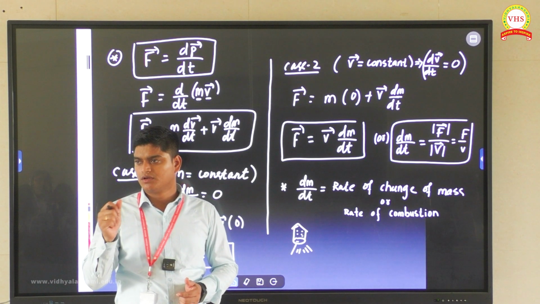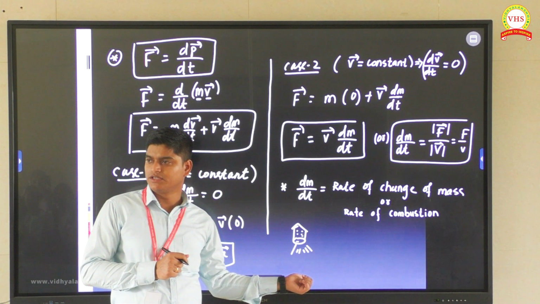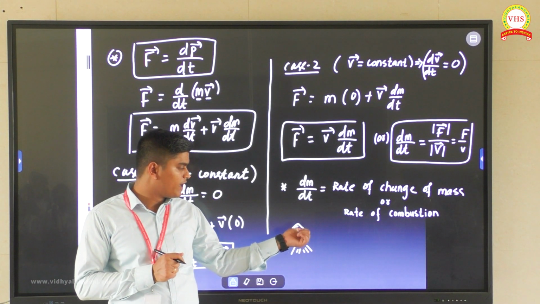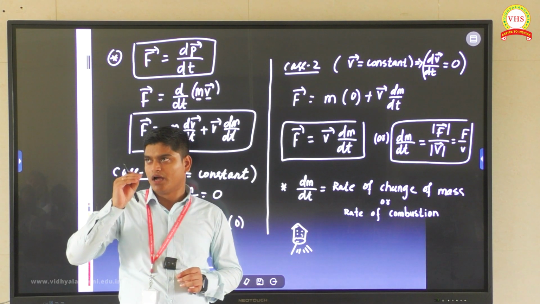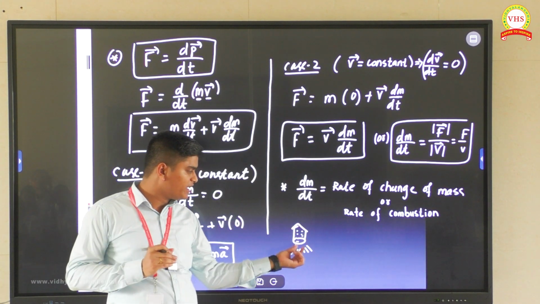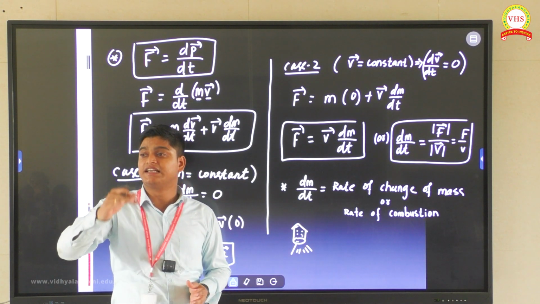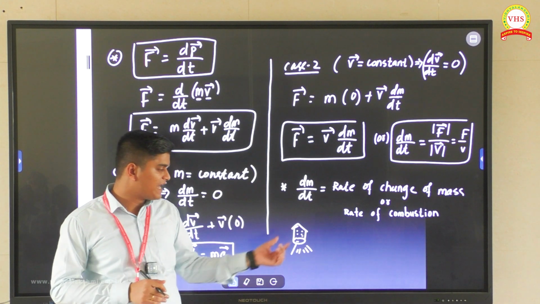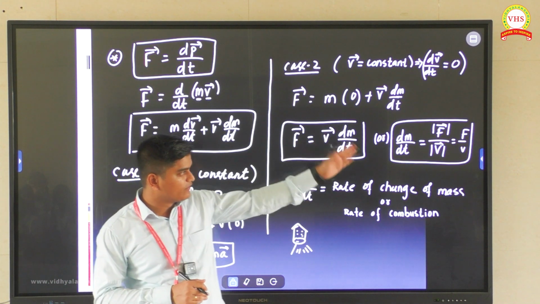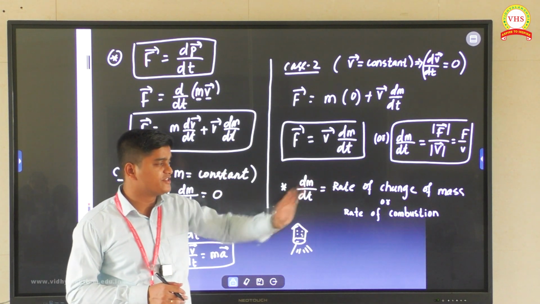Due to that, a fire is coming outside. So when the rocket is going, so much fuel was there. As time passes, fuel is burning, and the total mass of the rocket is decreasing with respect to time. So if force is given and velocity is given, then you can find dm by dt, the rate of combustion, or the rate of change of mass.